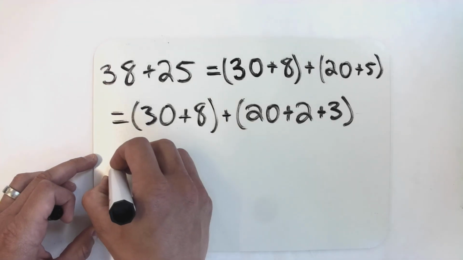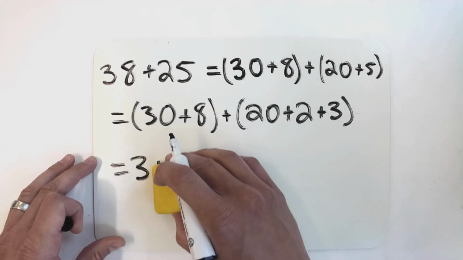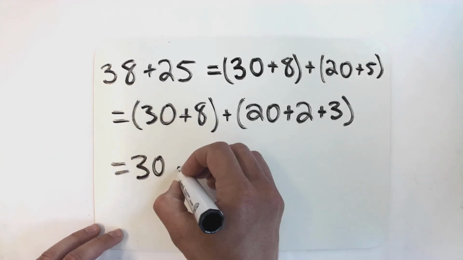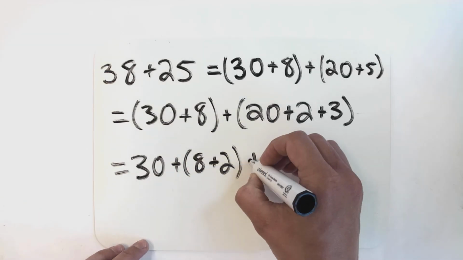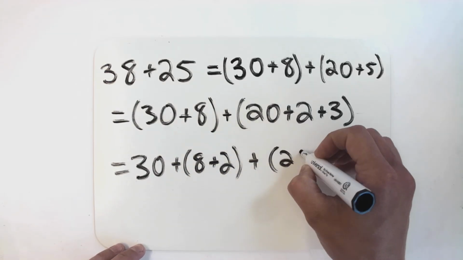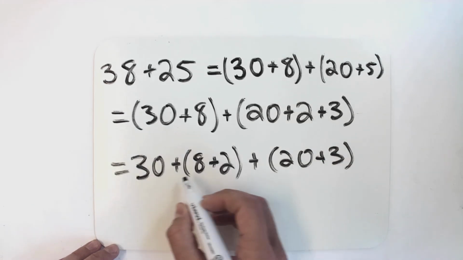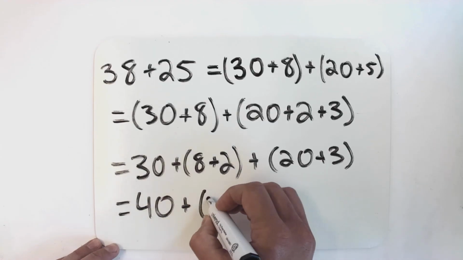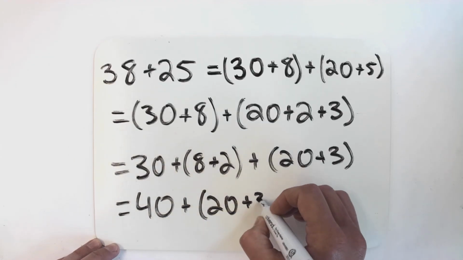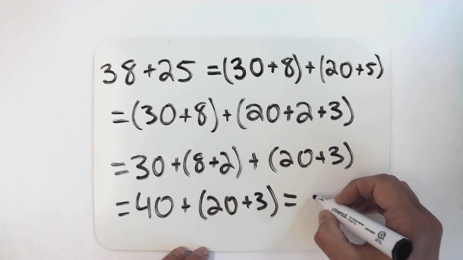But essentially what we end up doing is we have 30 plus, we did 8 plus 2, and we kept our 20 plus 3 over here. Right, so this becomes 30 plus 10, so this turned into 40 plus 20 plus 3. We added those 10s, so we got 60 plus 3, and then eventually we got 63.